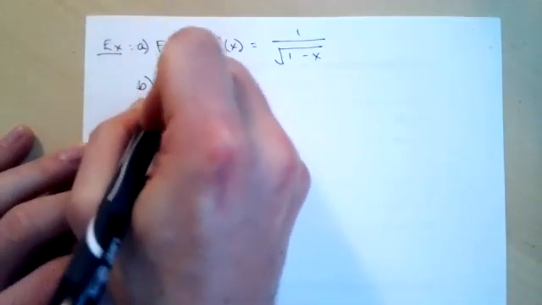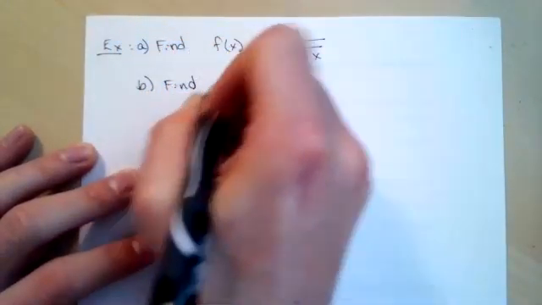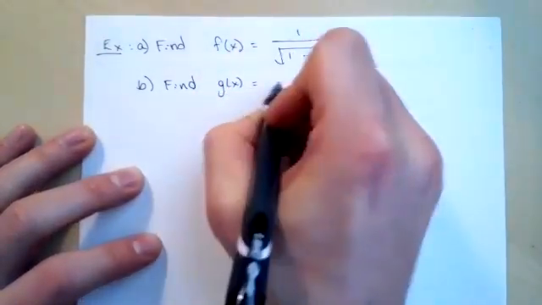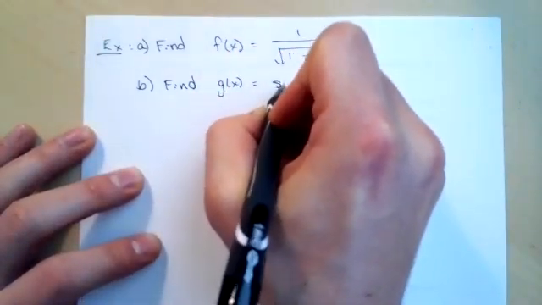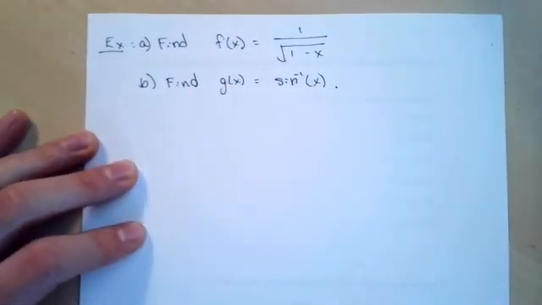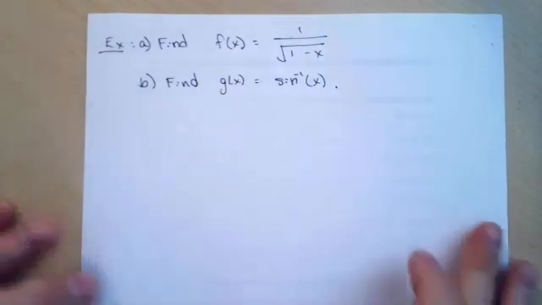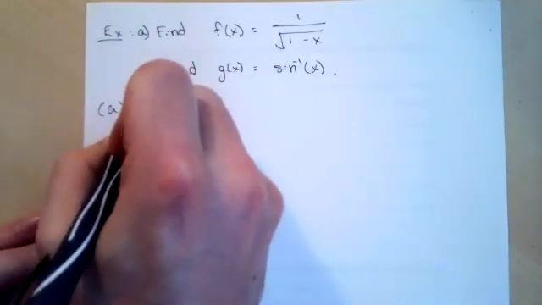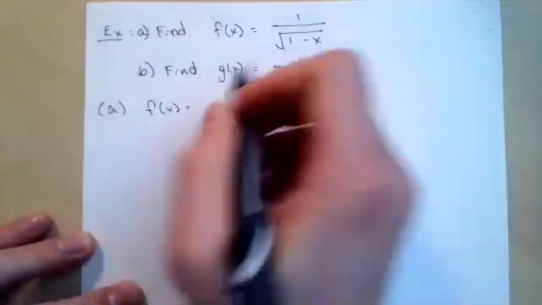B, find our Taylor series for arcsine. So for A, we've got our f of x.